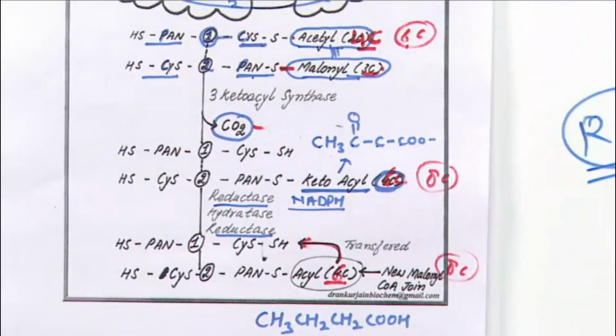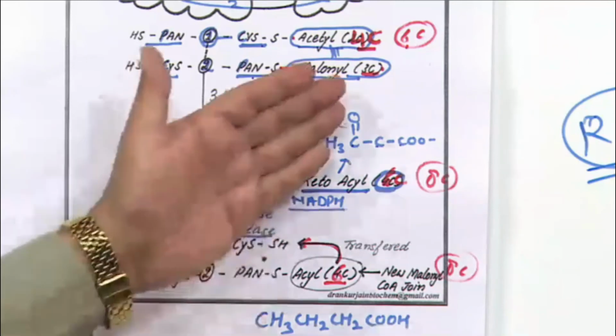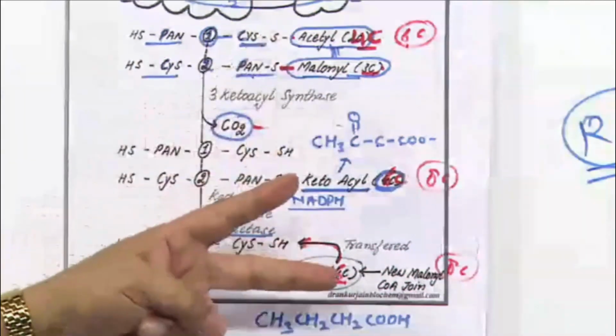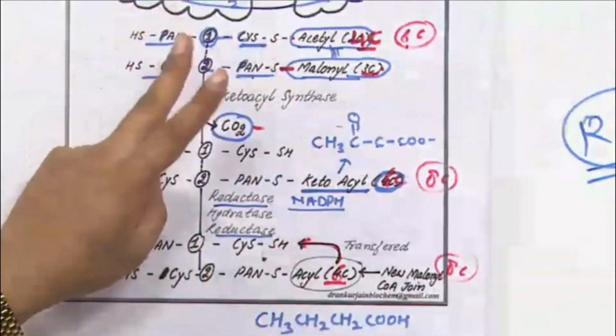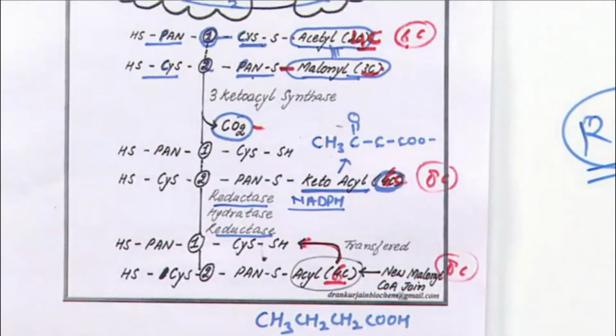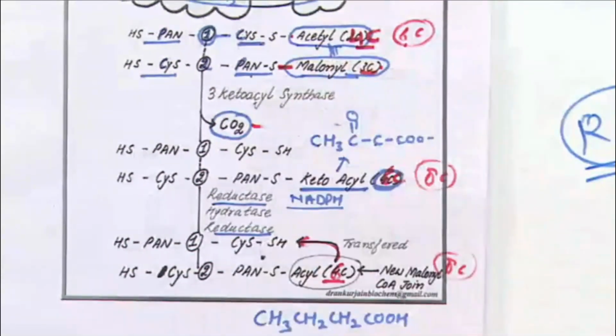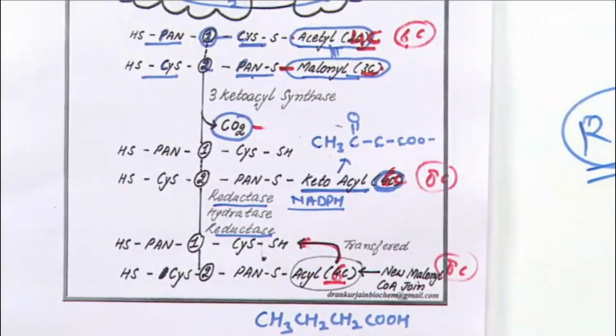So the point is that in each cycle a two carbon unit is joined in fatty acid synthesis. This is a question. In the first cycle, 2 plus 2, 4 carbon atoms are joined.